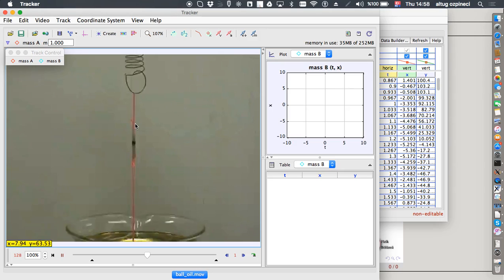So this is what we call the underdamped, because the oscillator makes a lot of oscillations before it almost completely stops. Now it practically stopped. So this is an experiment you can also do at home.